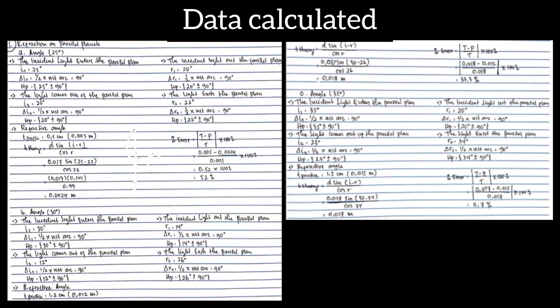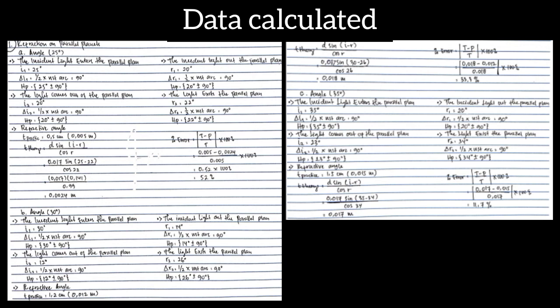Now we can calculate the data analysis. For example, for the angle of 25 degrees, the incident light enters the parallel plane at 25 degrees, and the light comes out of the parallel plane at 20 degrees. As you can see from the formula, the result is 0.0024 meters.